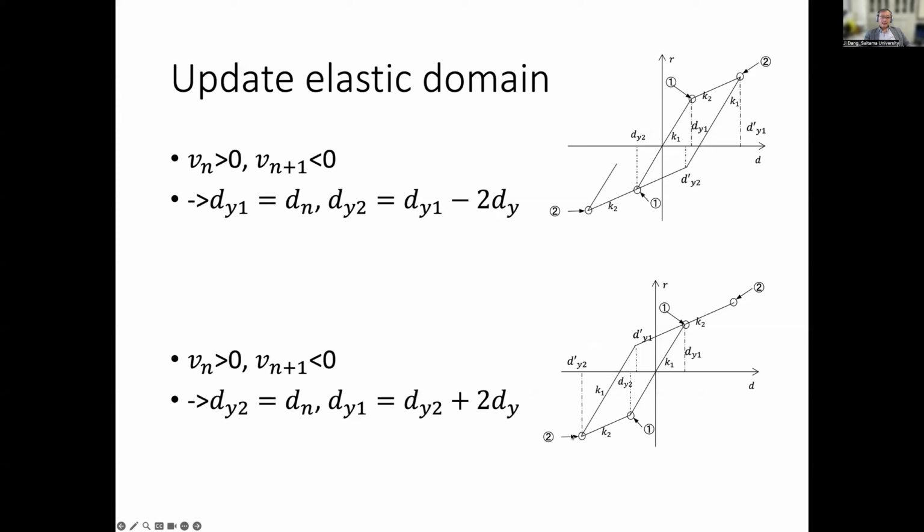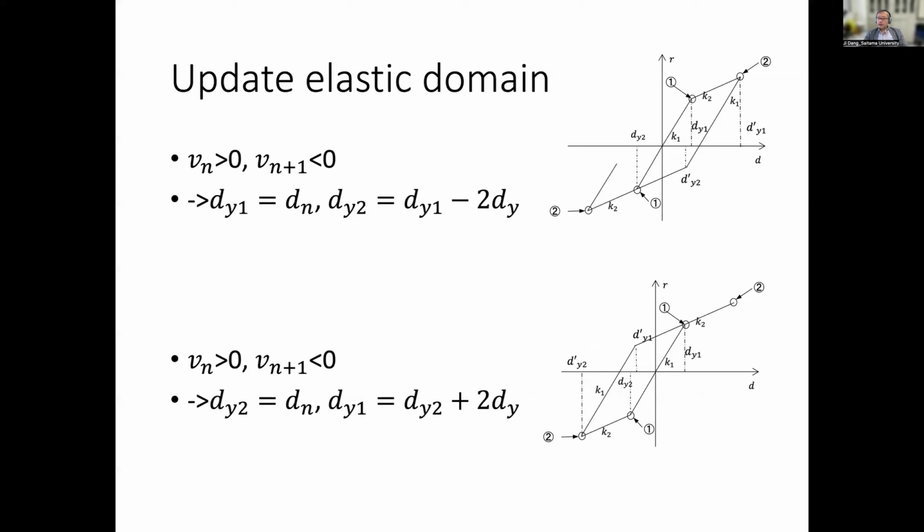Same with the negative direction. Originally we were here, so we update the new dy2 to be here, equal to dn, which is the last loading before unloading. This time is dn plus 1, so it has already been loaded from here to here. So dy2 will be 2 times dy added on the right side to decide the new dy. That's how we update dy.